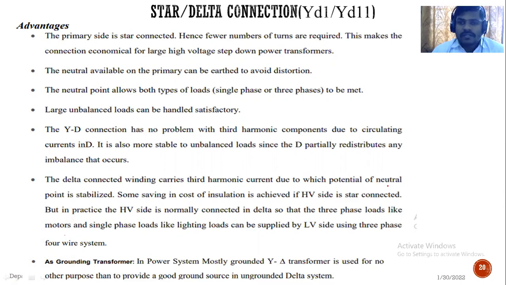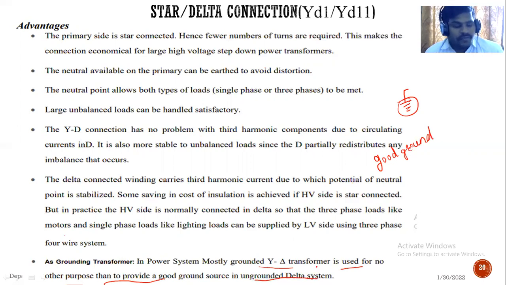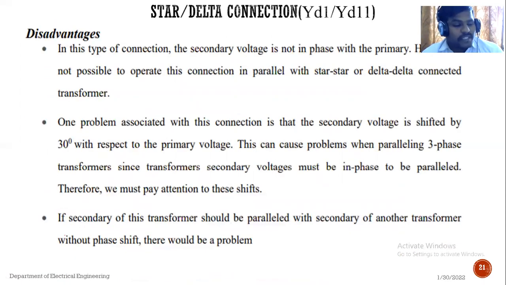Since it is star, there is a neutral point, so the function of this neutral point is to ground that terminal, which we call grounding or earthing. So grounding is important; there is no other function in the power system. Only it will provide a good grounding, a good ground source in an ungrounded delta system, so it will act as a good grounding point when connected in star delta system.